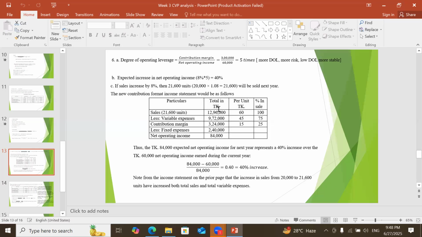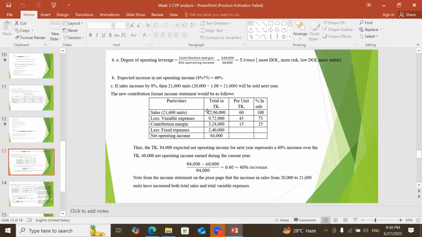If sell price 12 lakh, then variable expense is 9 lakh. Therefore, 1 taka and therefore 12 lakh and 96,000 taka. Then ultimately we will get the total variable expense 9,72,000.